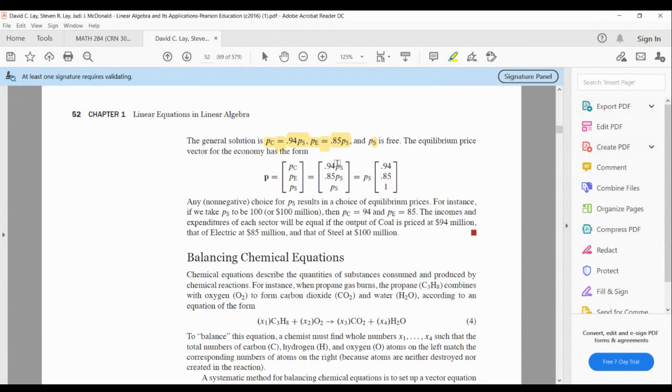And so the equilibrium price vector for the economy would be equal to this.